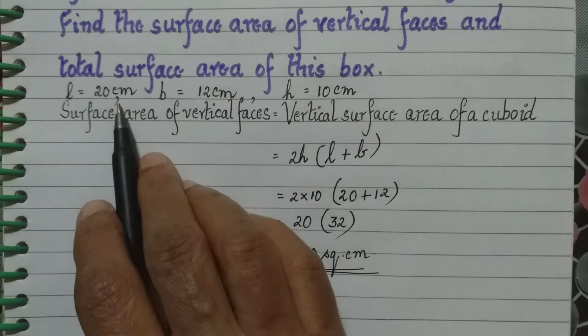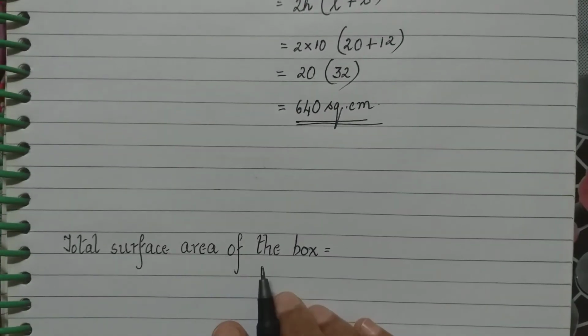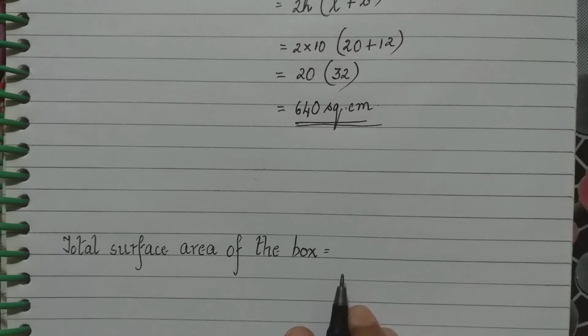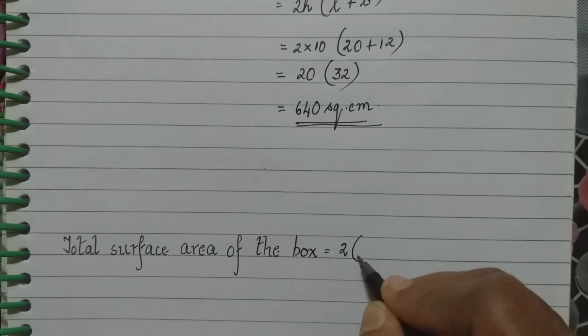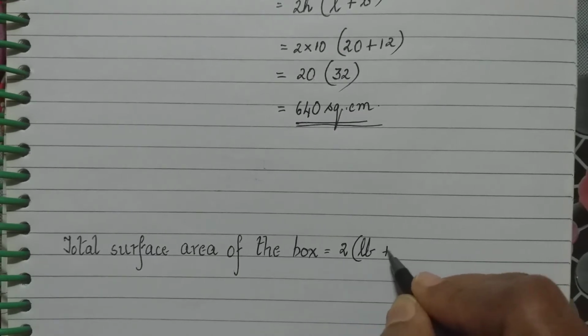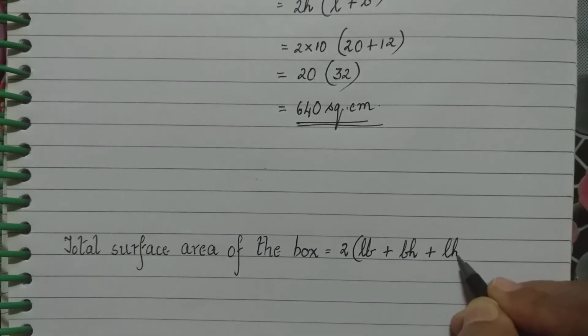Now they have also asked the total surface area of this box. So total surface area of the box. First we write what is the formula. We know what is the formula. That is 2 times (LB plus BH plus LH).